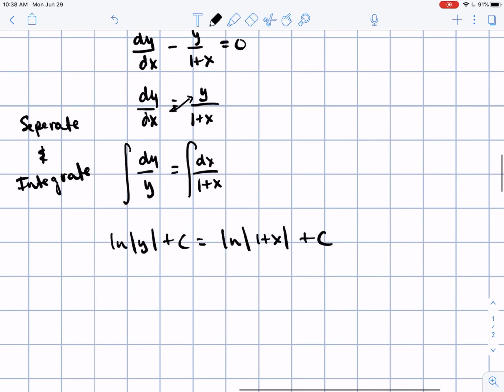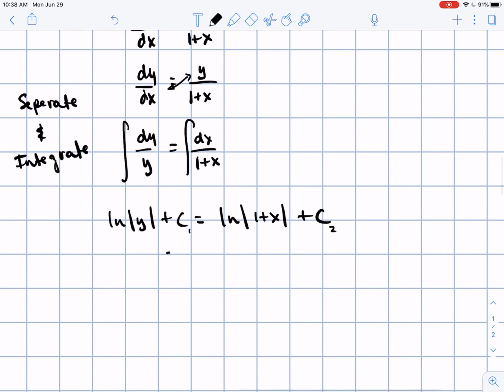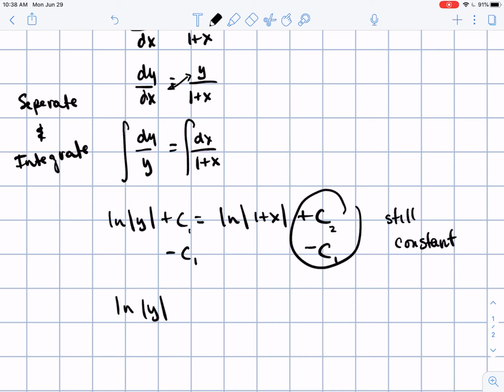I'm going to make these c1 and c2, but you don't always have to do this. Usually I keep my constant on the x side, because if I'm subtracting two constants, it's still a constant. So here I'll get ln absolute value of y equals ln absolute value of 1 plus x, plus a big C.